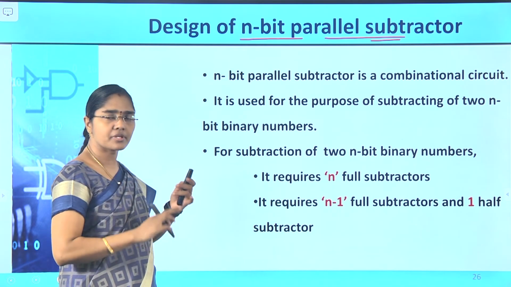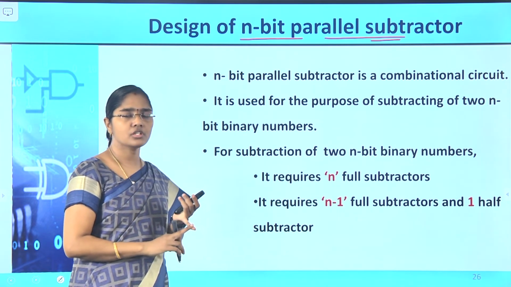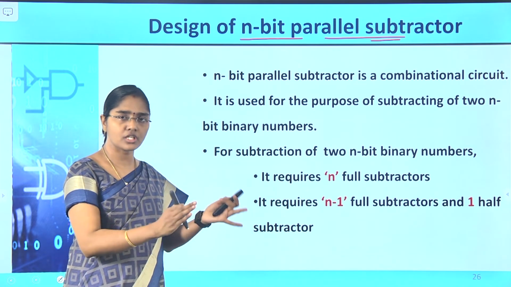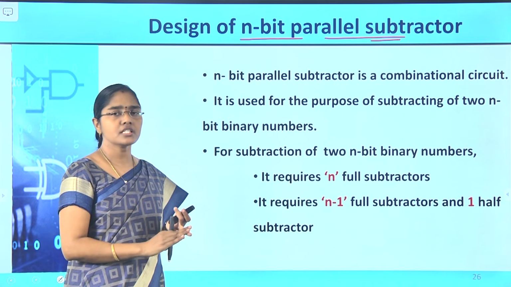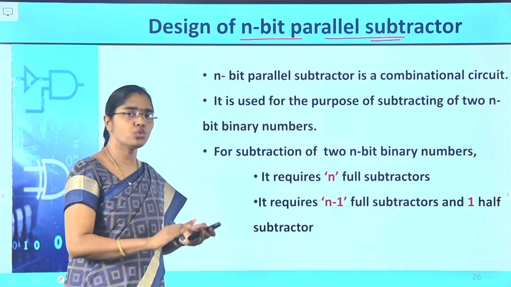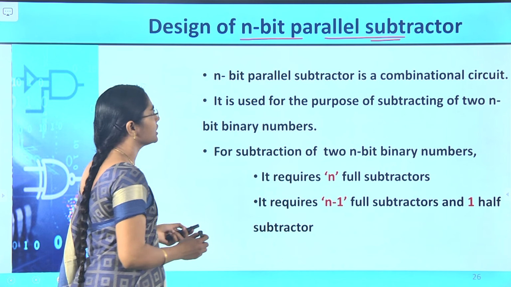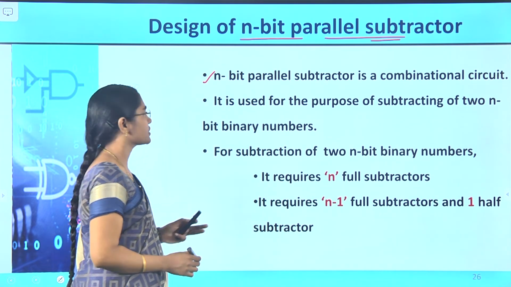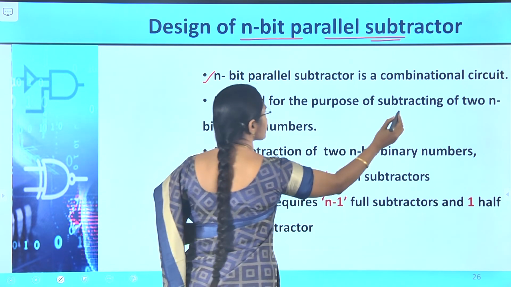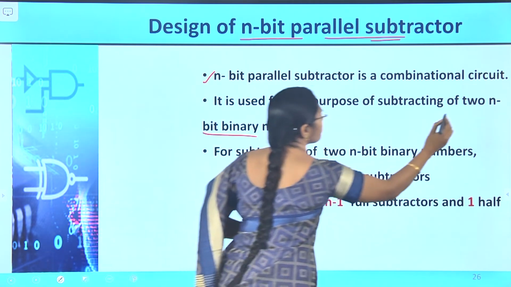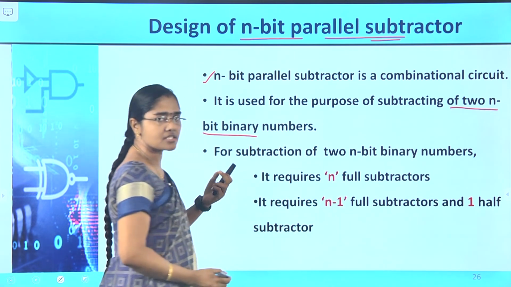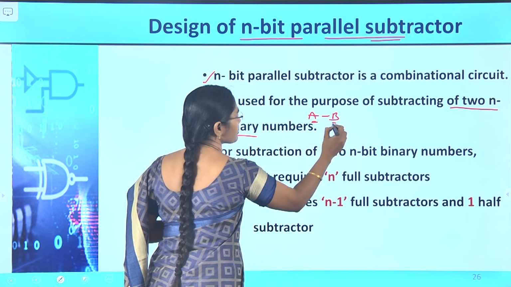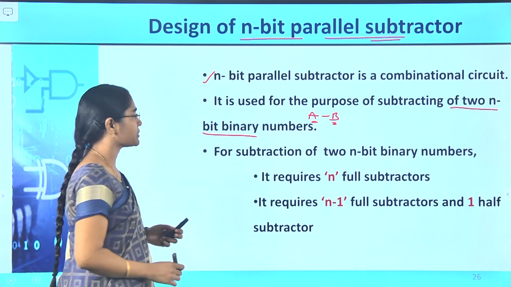Okay. So a parallel subtractor is also a combinational circuit. It uses half subtractors and full subtractors in a logic diagram, and it is parallelly subtracting 2 n-bit numbers. It is a combinational circuit used for subtracting 2 n-bit binary numbers, that is A minus B, where A and B are n-bit numbers.